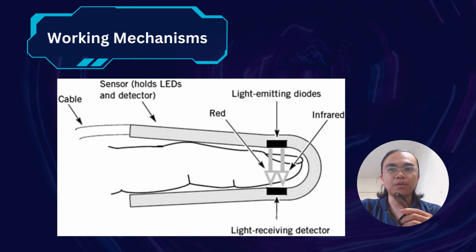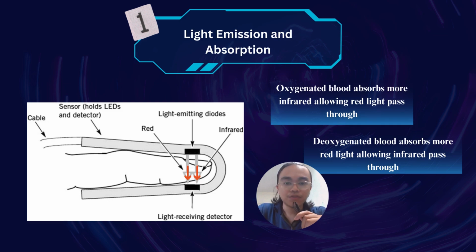So for the pulse oximetry's working mechanism, it involves three main components, which are the light emitting diodes, the light receiving detector, and also the microprocessor built inside the device. The first mechanism of pulse oximetry is the light emission and absorption.